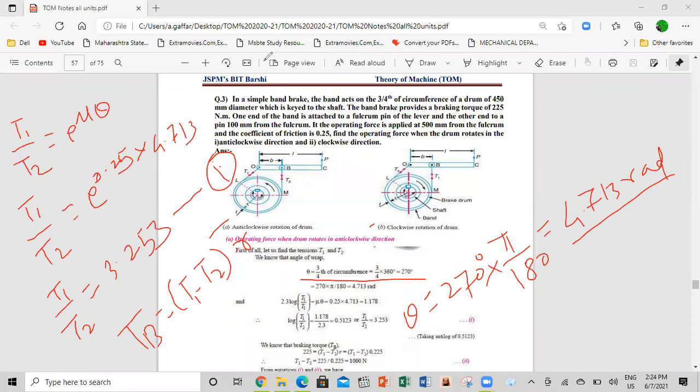Braking torque is also given in the problem, and the unit of braking torque is Newton meter.